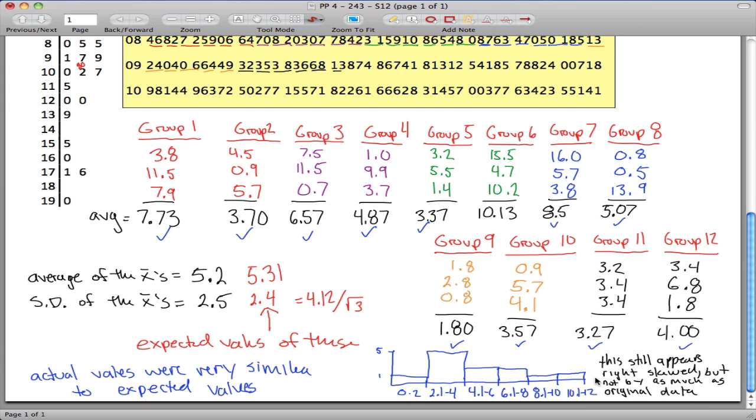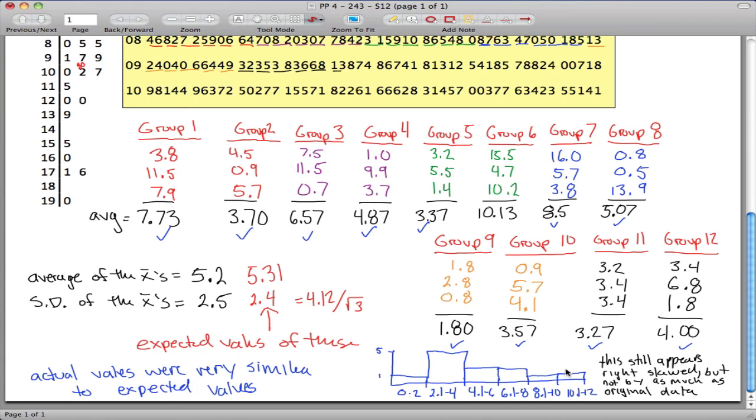Of course, our central limit theorem tells us that as n gets large enough, this thing will start to look just like a normal distribution. Our book has us use 30 as the cutoff for n, so we only use 3 here. It would have been nice to use n as 5 or 10 or something so that this really did start to look normal, but this was a lot of work for you guys just to get this data, so I didn't want to make you calculate too many numbers.